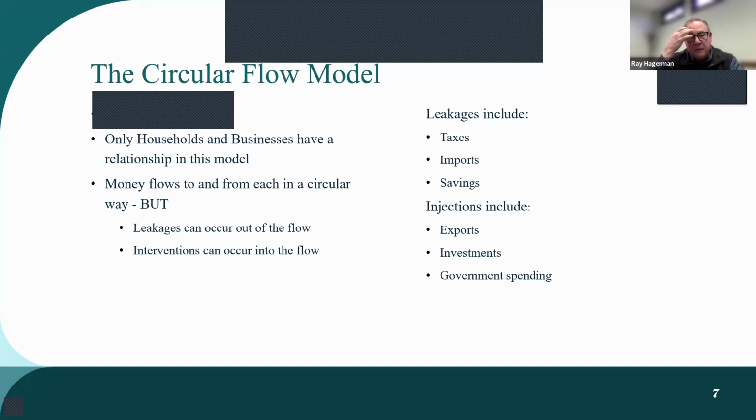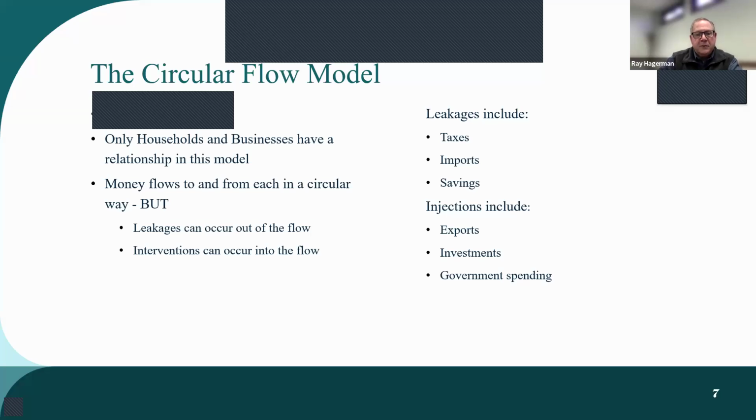All the circular flow model does is it's a simplified model of understanding how local economies work. So in the circular flow model, we're basically saying that the only relationships that exist are between households and businesses. And depending on the flow, those businesses create product using factors of production like the employment of households in order to create products and services.